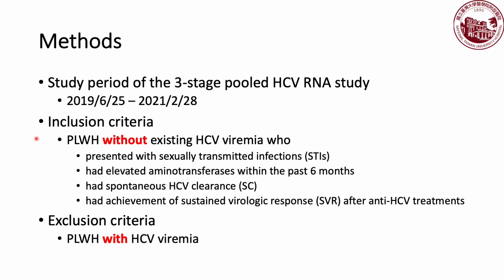Our inclusion criteria were people living with HIV without existing HCV viremia who presented with sexually transmitted infection, or had elevated aminotransferase within the past 6 months, or had spontaneous HCV clearance, or had achievement of a sustained virologic response after anti-HCV treatment. Our exclusion criteria were people living with HIV with existing HCV viremia.